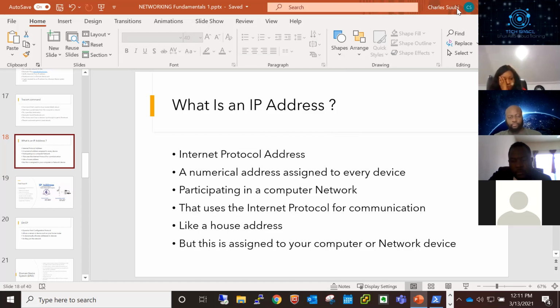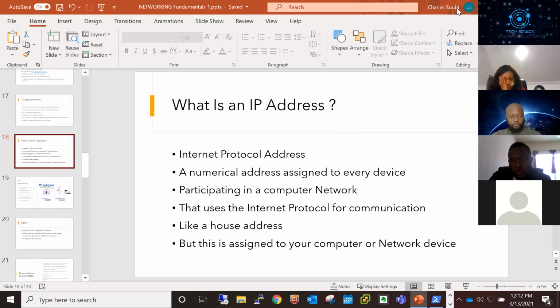So let me say maybe he lives at 111 Linux Avenue, Houston, Texas, and his zip code. So when I go to the post office, I make sure that I send that package to 111 Linux Avenue. And that's how that package is going to get to his doorstep.